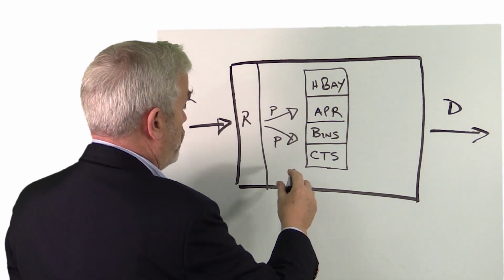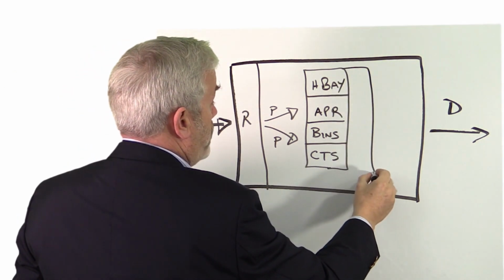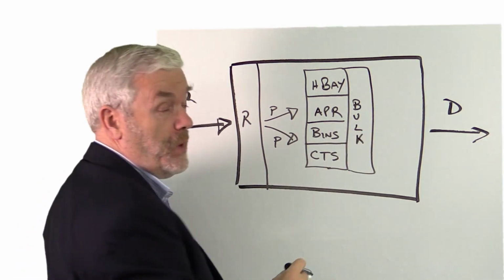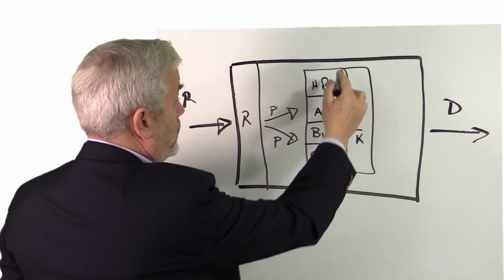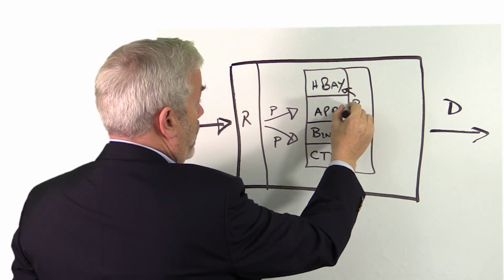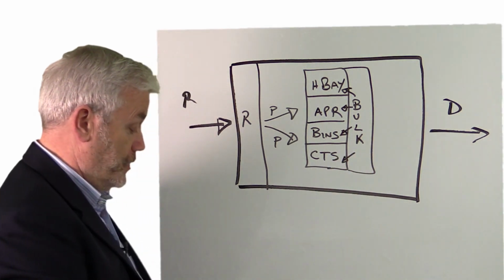We've then got some replenishment going on. So this is not meant to represent an actual warehouse layout, because you wouldn't do it this way, but let's say we've got some bulk storage, and so there's some replenishment going on into each of these areas. And then what other functions have we got happening?